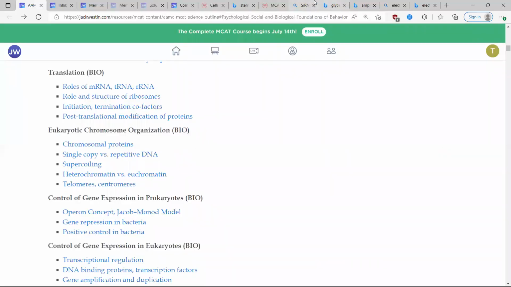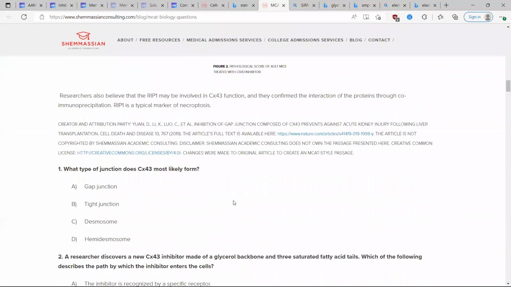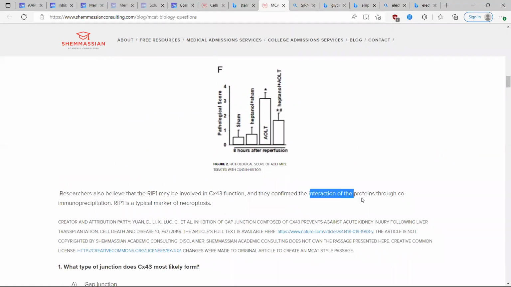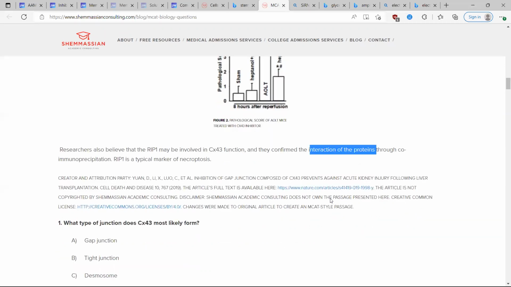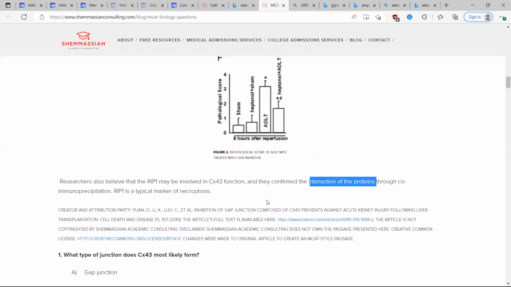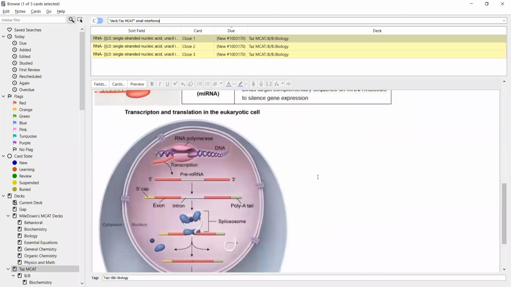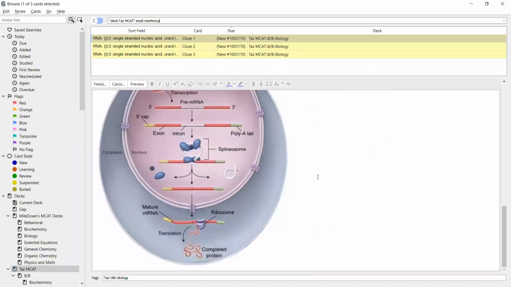And the reason that this works here is because they gave us the clue. The clue was the interaction of the proteins. How are proteins formed? Through transcription and translation, right? So we can use that small interfering RNA to go in and prevent the synthesis of the protein entirely. For example, the mRNA comes out and is going to get attached to a ribosome and then get translated, right?